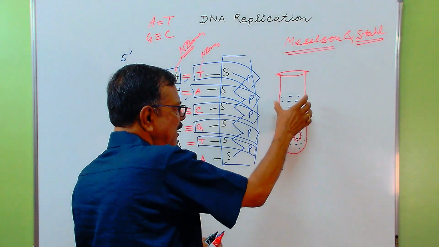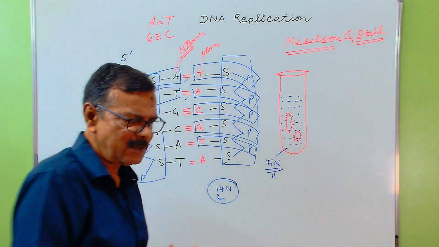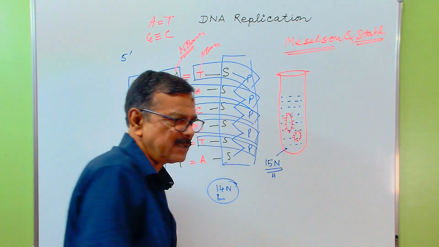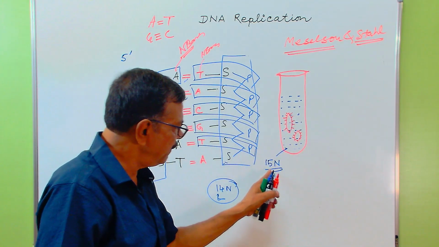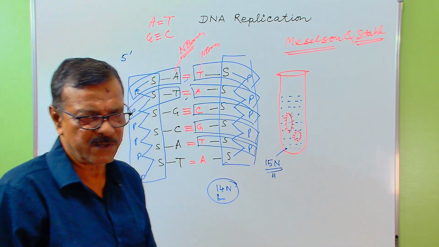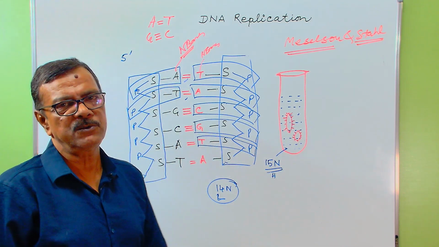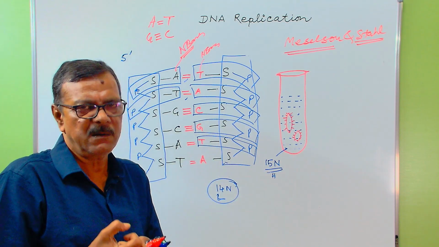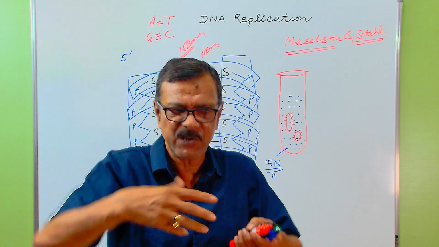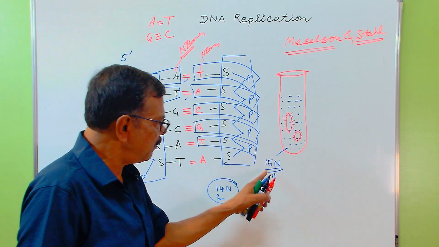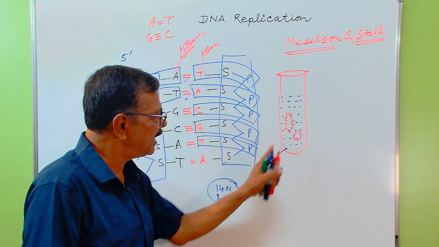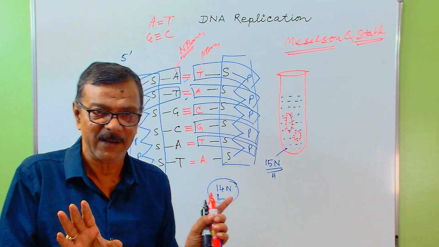After 2 or 3 or 4 generations, they took out this Escherichia coli. The heavy DNA, the DNA containing 15N nitrogen, can be differentiated by centrifugation. In a centrifugal machine you can centrifuge and take out the 15N DNA, so those 15N DNA bacteria are isolated.